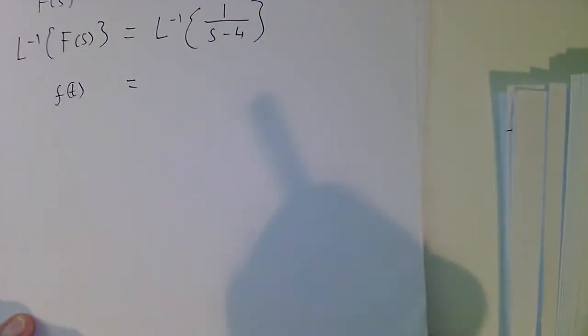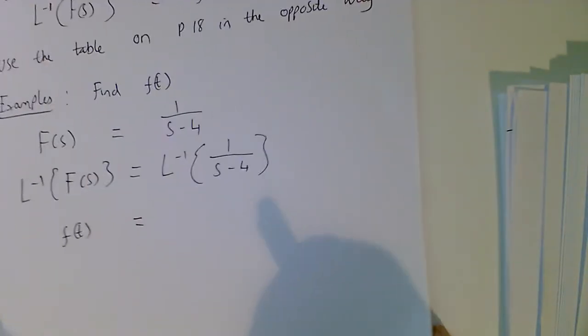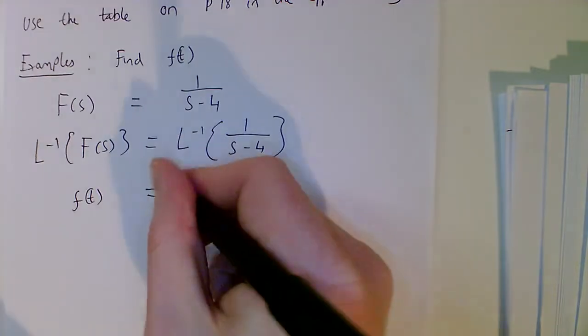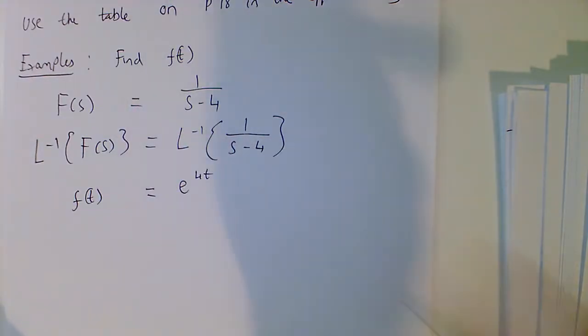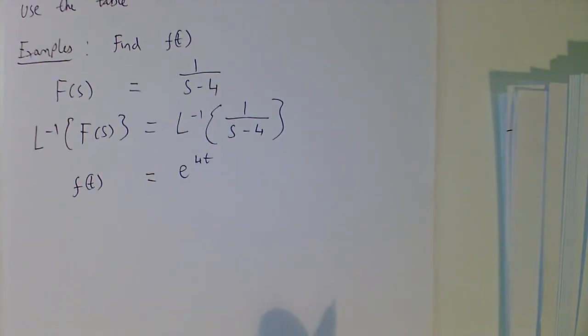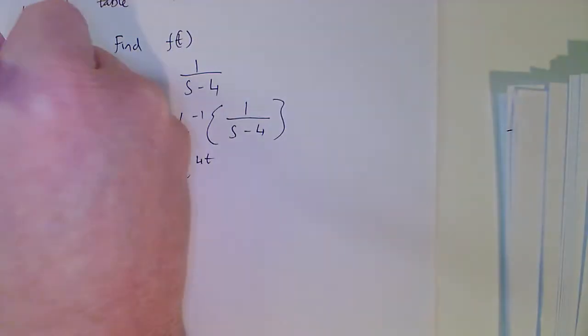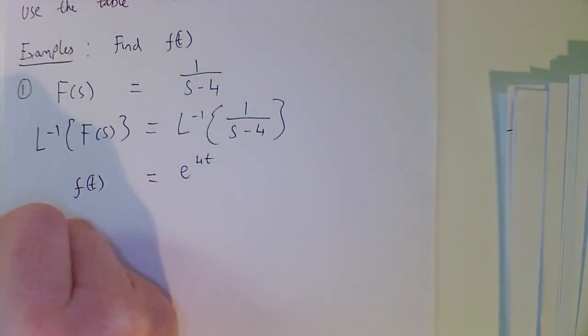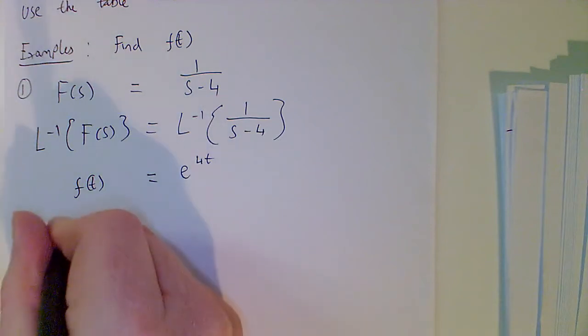So that just becomes e to the power of 4t. Let's look at example 2.